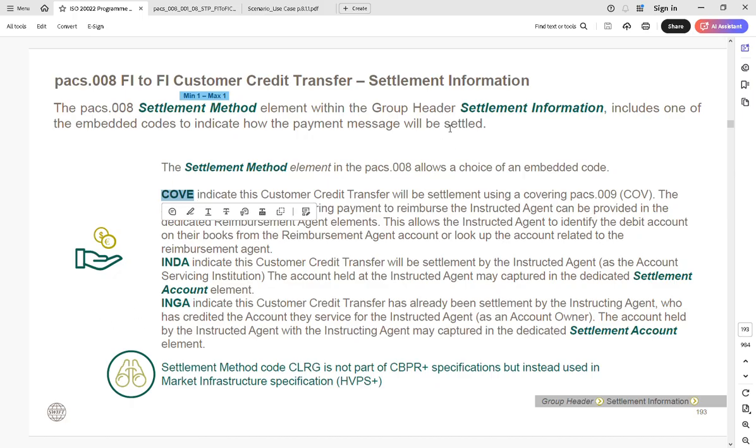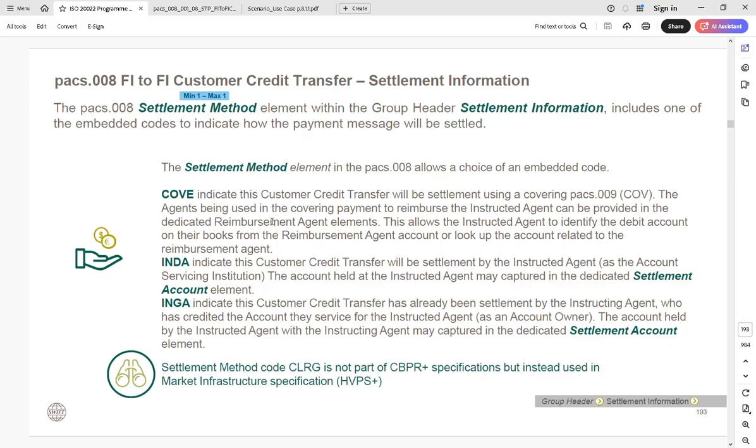This is clearing. I don't know why I'm not finding it. If I find an example of this, I will let you know. I don't want to waste more time on finding which are cover method and which are not. This is also down in the instructing agent. I will find out the correct scenario and let you know which is the cover method.